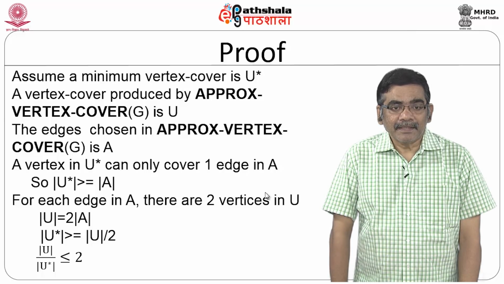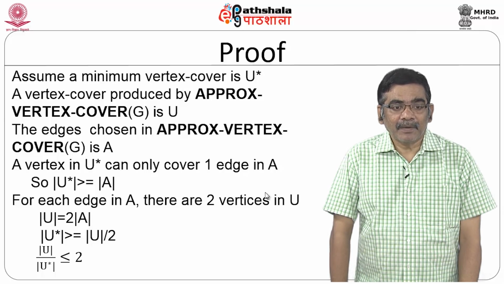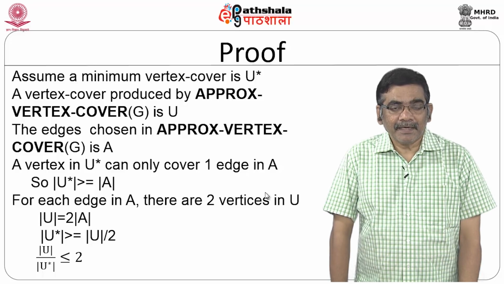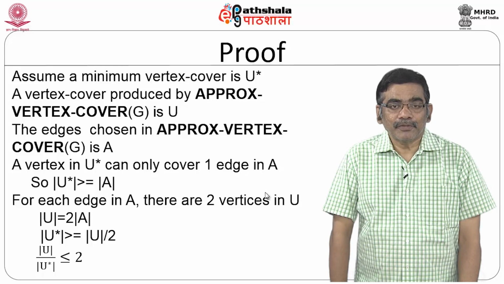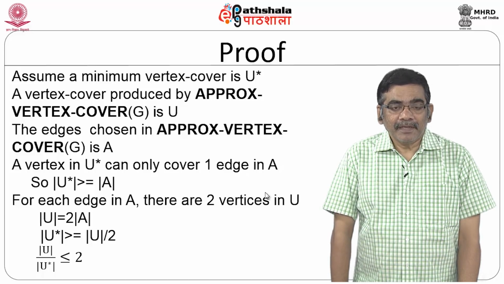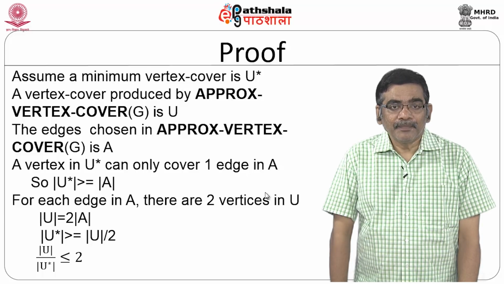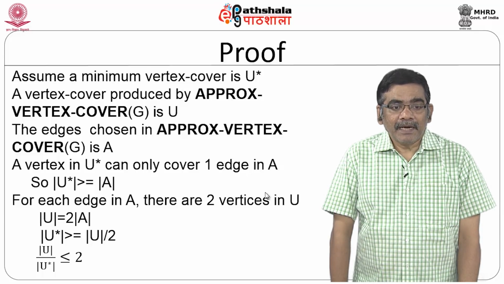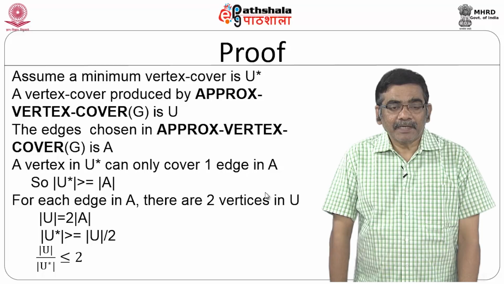So, you can combine this with your earlier observation, and you can say now that the size of u star is going to be greater than or equal to the size of u by 2, and by realigning the terms, the ratio of u and u star is going to be less than or equal to 2. What we have seen earlier is the ratio of the original and the approximation, or the ratio of approximation by original.